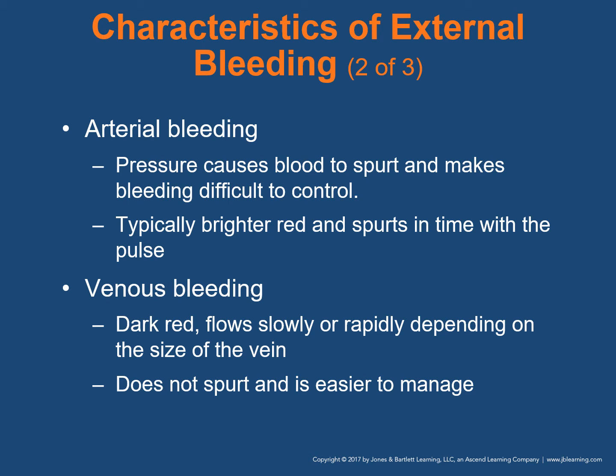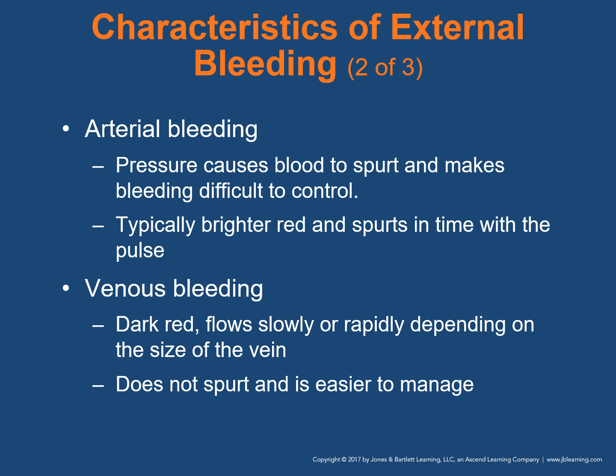Venous bleeding, blood from the vein, is going to flow. It's going to flow rapidly if it's a bigger vein, slowly if it's a smaller vein. It's not going to spurt, and it's actually easier to manage, whereas spurting blood can push a clot and can be harder for the platelets to control and to build clots in.